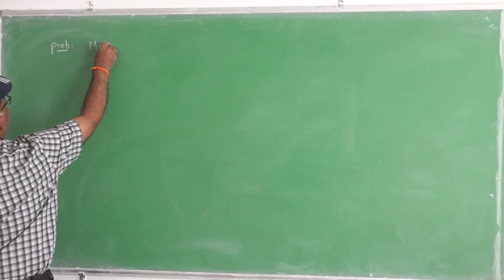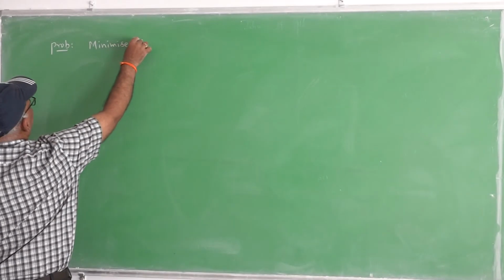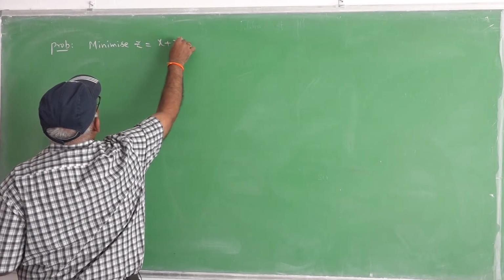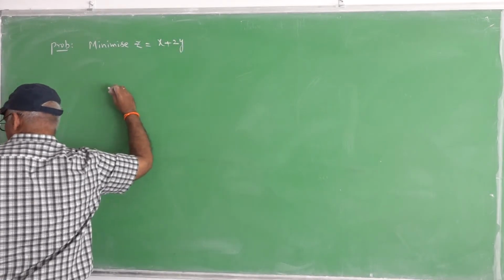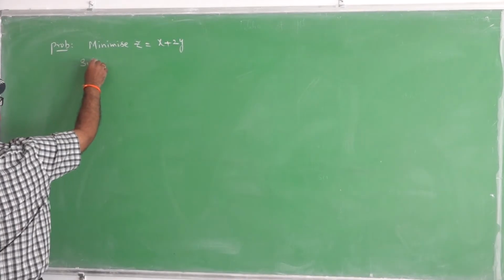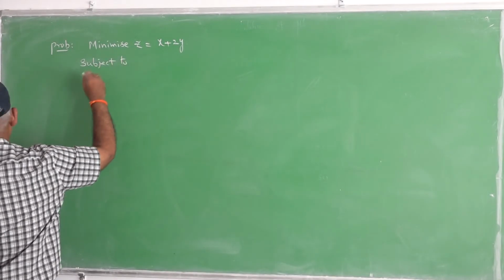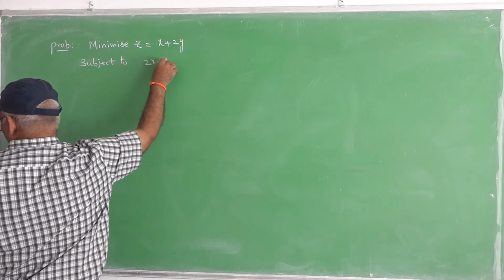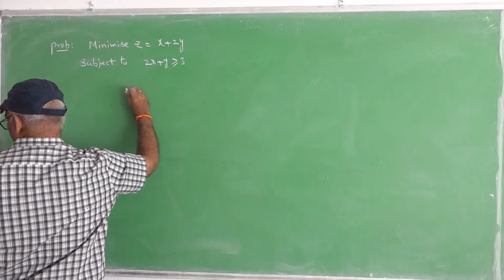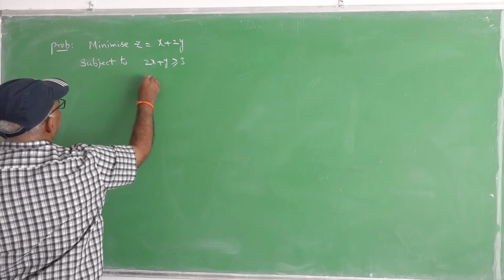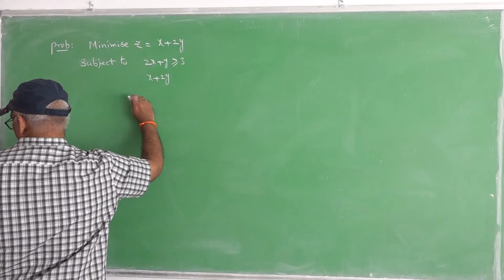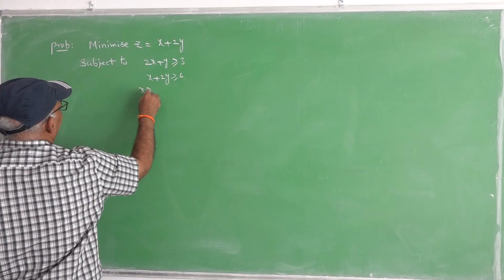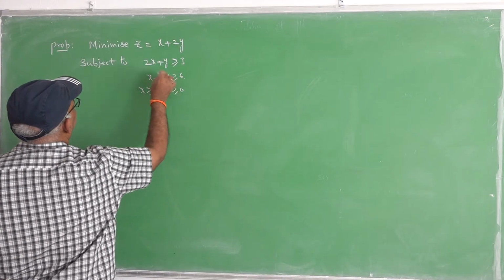Minimize z equal to x plus 2y subject to 2x plus y greater than or equal to 3, x plus 2y greater than or equal to 6, x greater than or equal to 0, y greater than or equal to 0.